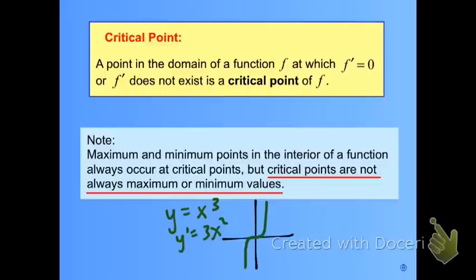Then y prime is equal to 0 when x is equal to 0, so we have a horizontal tangent line right there when x is equal to 0. The slope is 0. So we do have a critical point on the graph of y equals x cubed when x is equal to 0, but you can see clearly, hopefully, that at that critical point we have neither a max nor a min. We do have an inflection point, which we'll talk about later, but nevertheless, no max or min values.